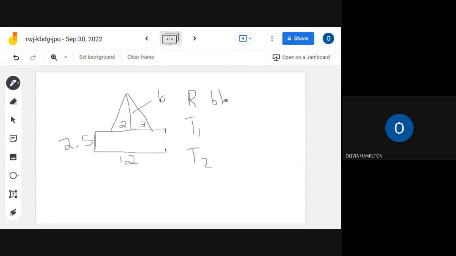We have our formulas based on height here, 1/2 base times height, and 1/2 base times height. The rectangle, we have the base of 12 times the height, 2.5.